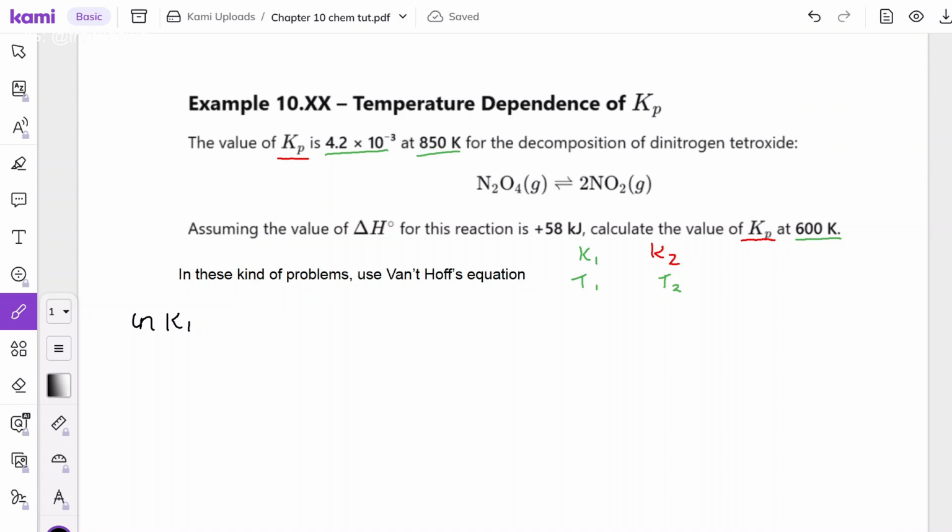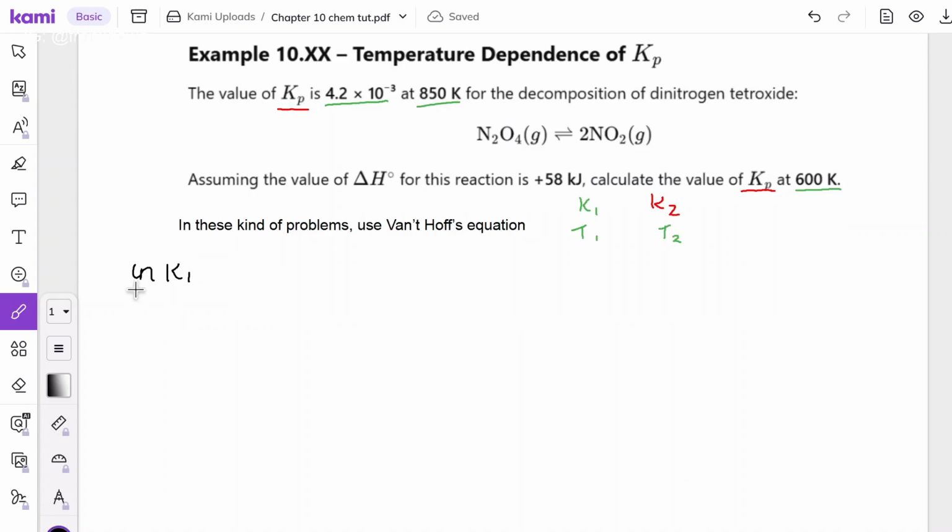It doesn't really matter. And then you fill in the rest of the equation, which is ln of K2 equals to the delta H naught over R times 1 over. This is where the numbers start to matter.